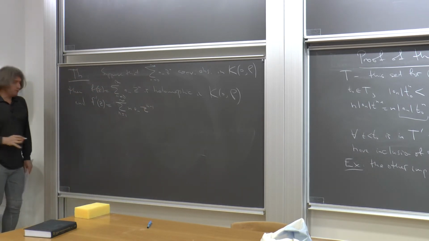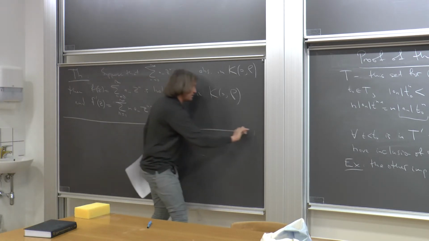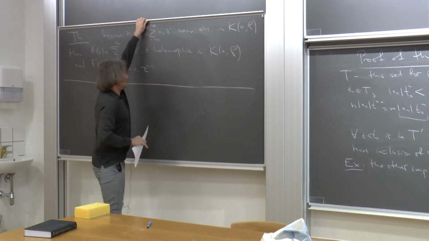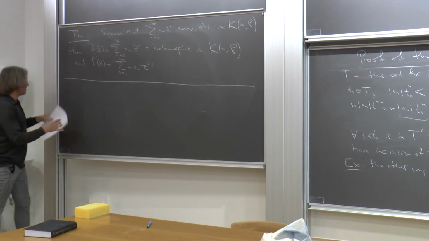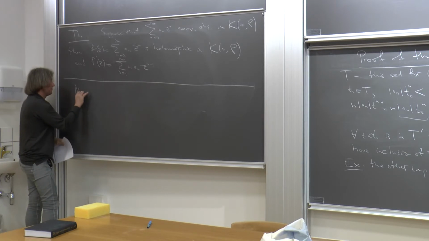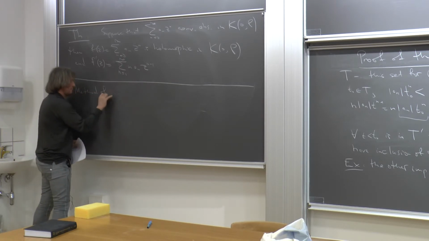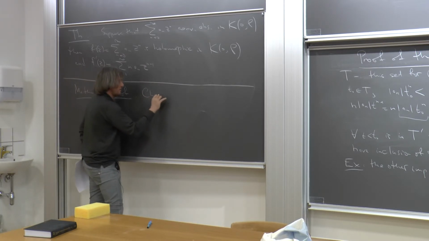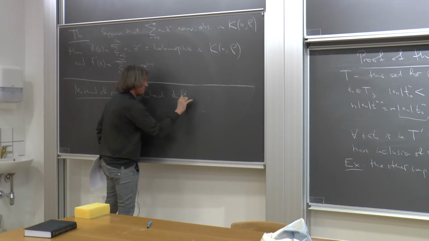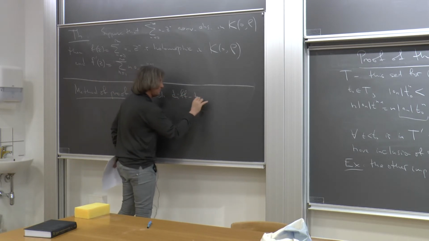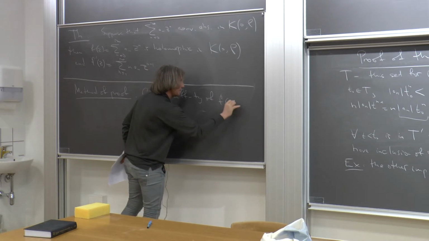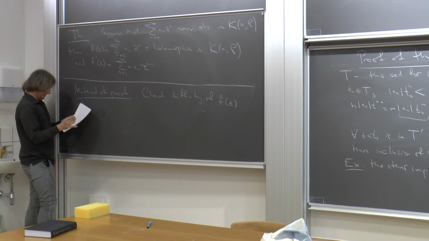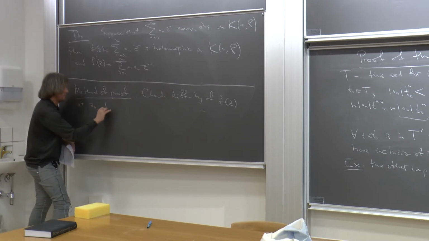Okay, so we'll do the proof slowly, just to emphasize what's going on. Method of proof: check differentiability of f of z at a given z node.